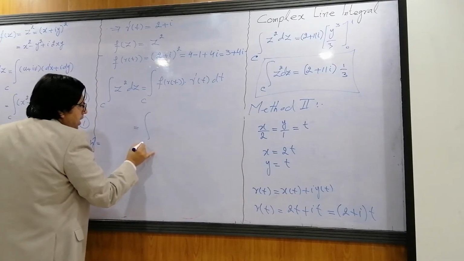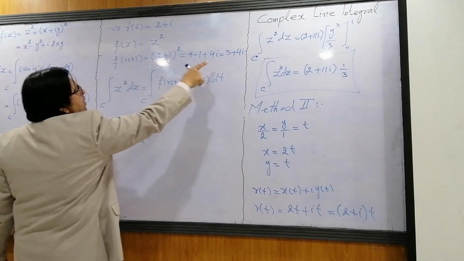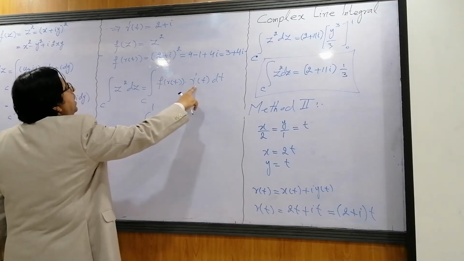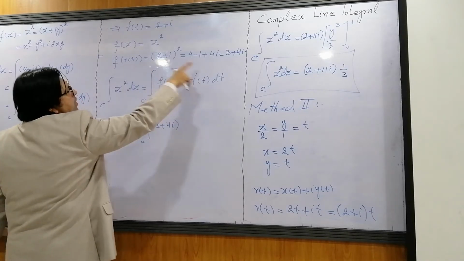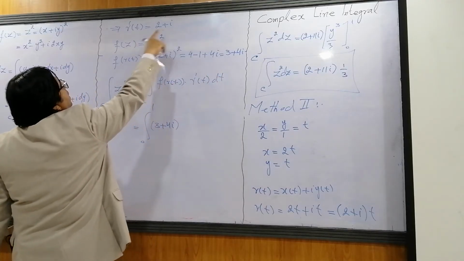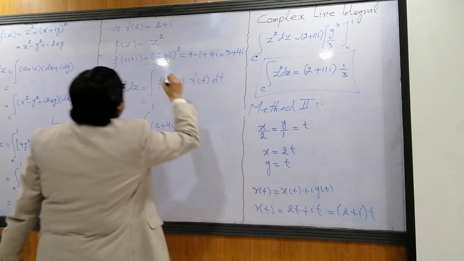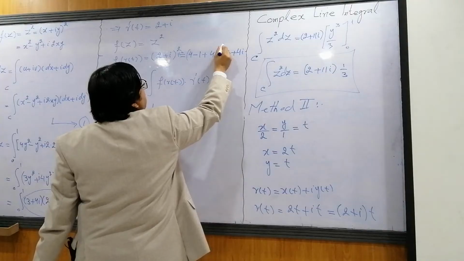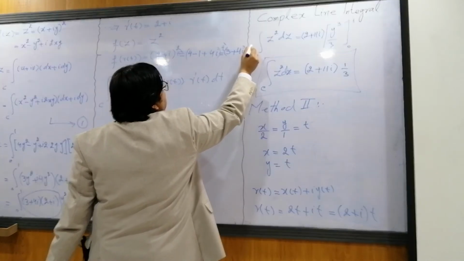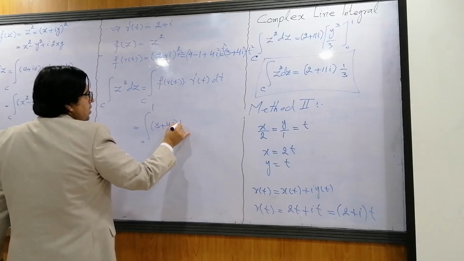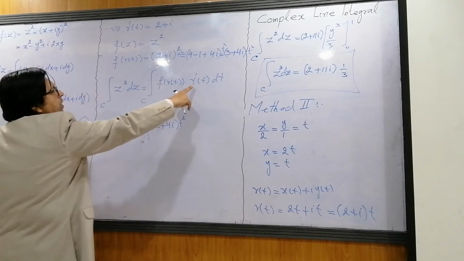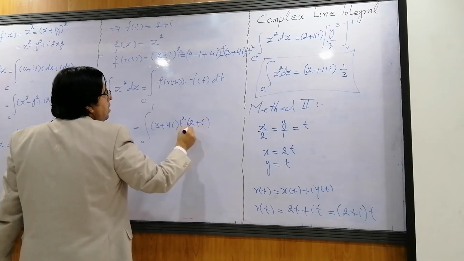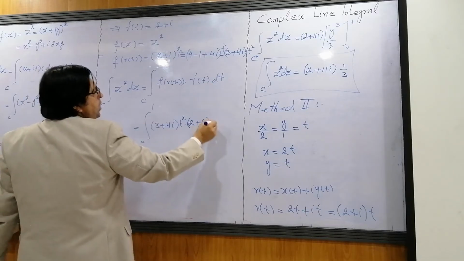So f(r(t)) is equal to (3 + 4i) t², and r'(t) is 2 + i, into dt.